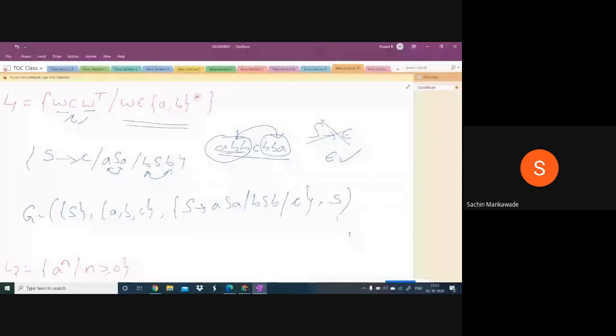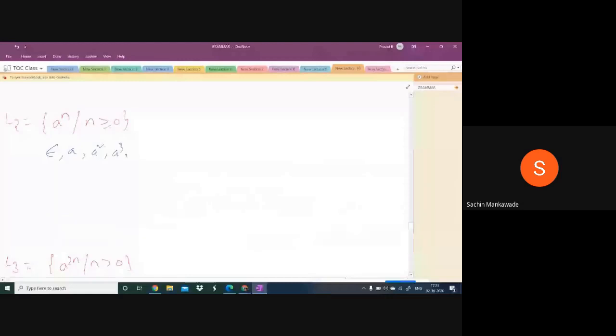N is 0. If n is 0, then epsilon is the string. If n is 1, n is 2, n is 3, n is 4, n is 5, like that. So the language will have these strings and epsilon. So epsilon is the smallest string.